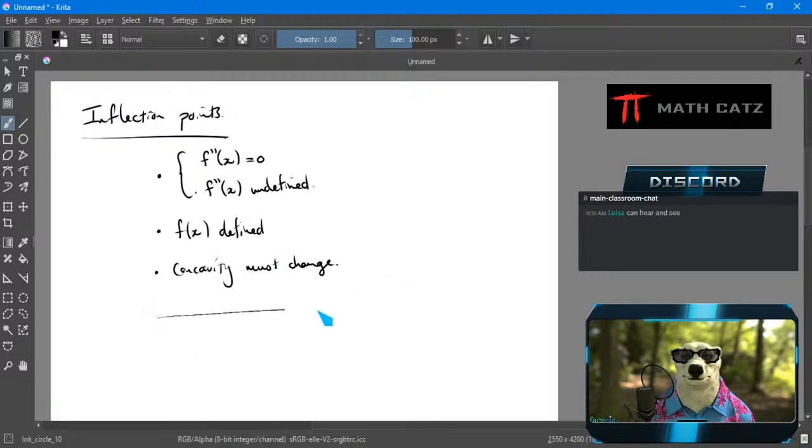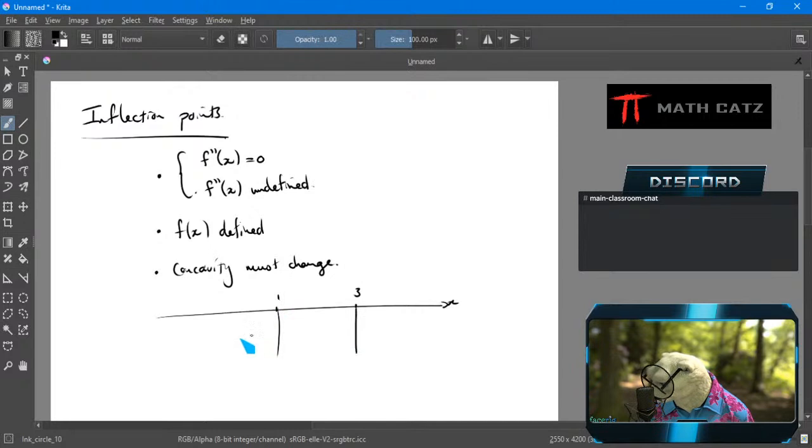So we saw last time, we had a 1 and a 3, and essentially the second derivative went from plus, 0, minus, 0, plus: bending up, to bending down, to bending up. I had y values for both of those.